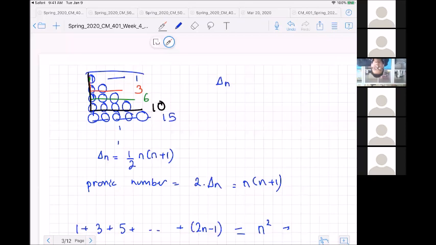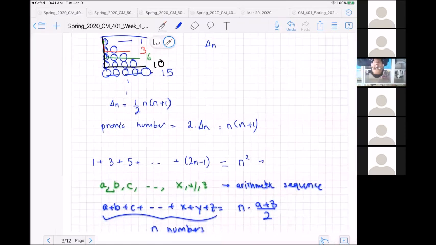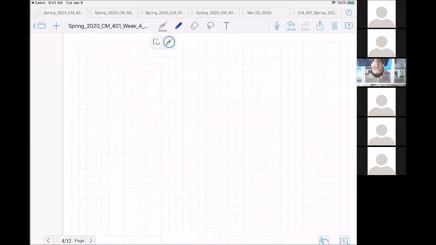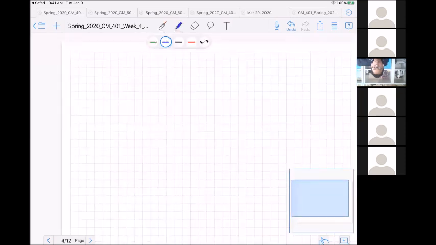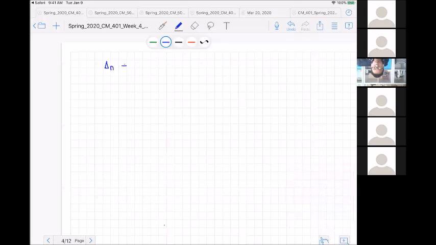So for example, let's say that our triangular numbers are the nth triangular number and then the n minus 1 triangular number, right? The nth triangular number is going to be 1 plus 2 all the way to plus n.